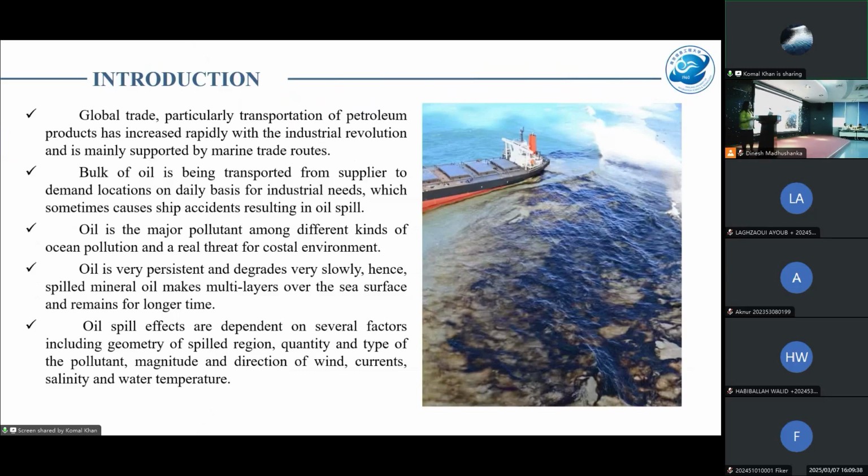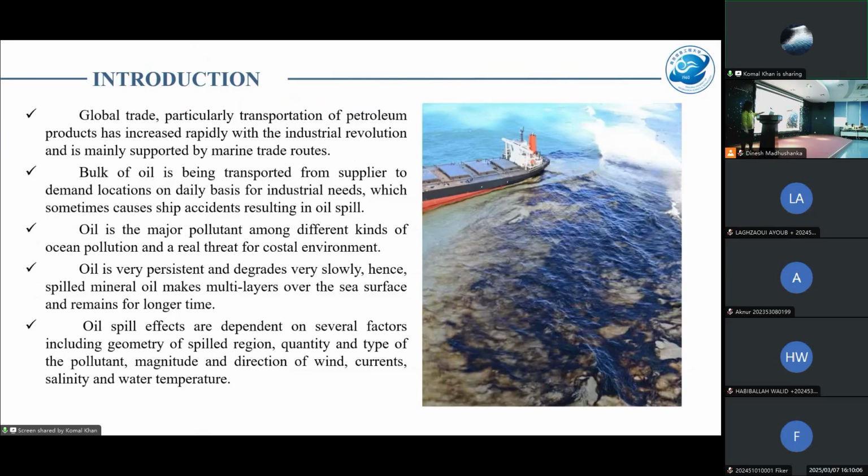And this is usually happening via marine environment. Why? Because it is cost effective. So sometimes during this process, due to human negligence or natural calamities, it discharges into the marine environment and becomes a disaster. Why? Because it's a very persistent pollutant and it takes too long to degrade.